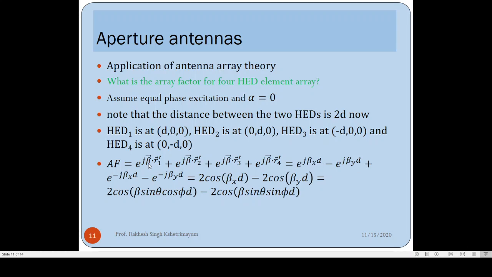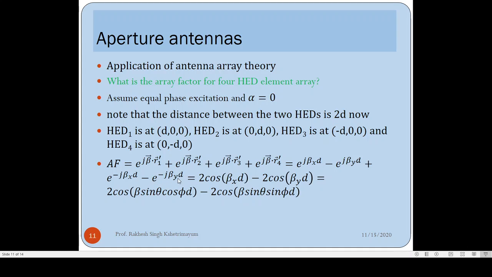So when I do the dot product, beta will have beta x, beta y, beta z. When I do the dot product, what I am getting is exponential j beta x d for this case. And I am getting exponential j beta y d for this case, but with a negative sign because the orientation is different. It's in the opposite direction. And the third case, I will get exponential minus j beta x d, with a positive sign because orientation is in the same direction as the original dipole. I have a minus sign here because orientation is in the opposite direction to that of the original dipole.